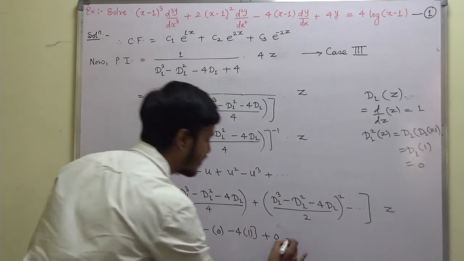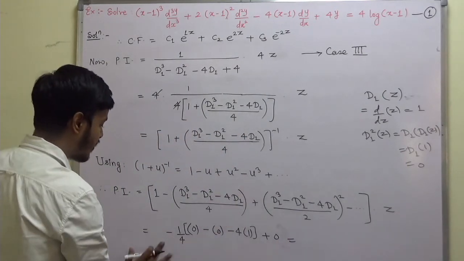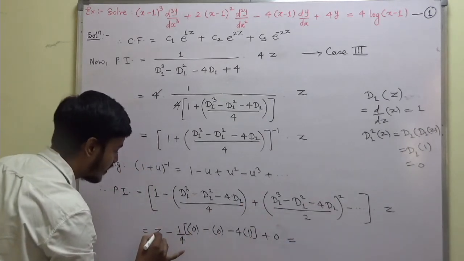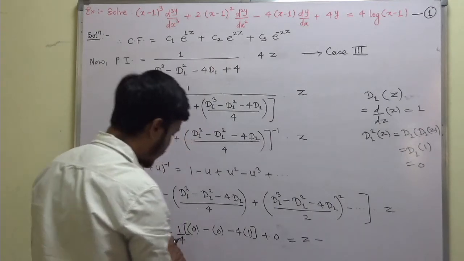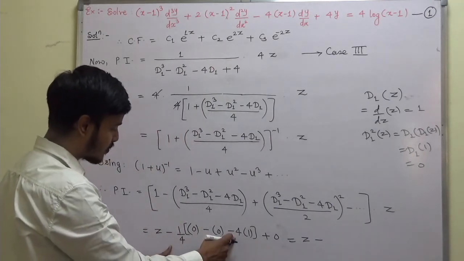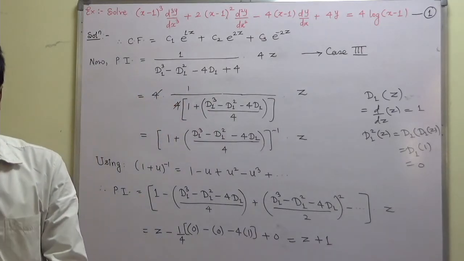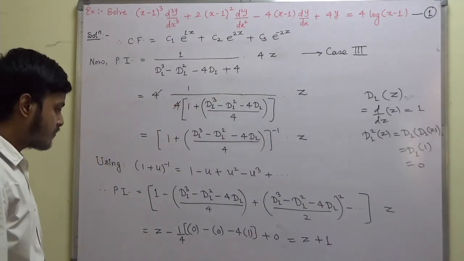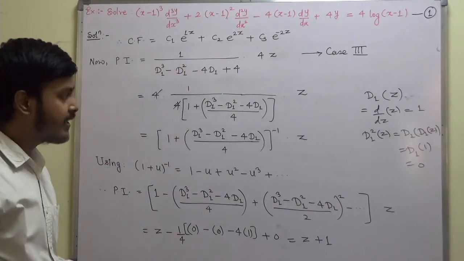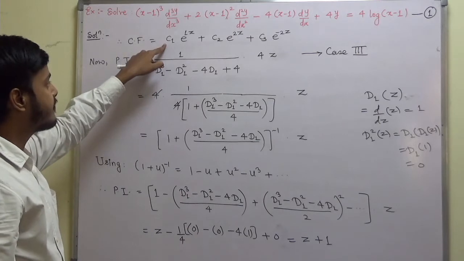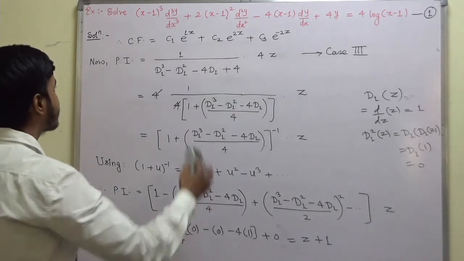What we remain with is 1 into z, which is z, minus 1 by 4 times minus 4, so this becomes plus. So this is z plus 1. Simple. So we have the CF and we have the PI, so then what are you waiting for? Just write down the complete solution.